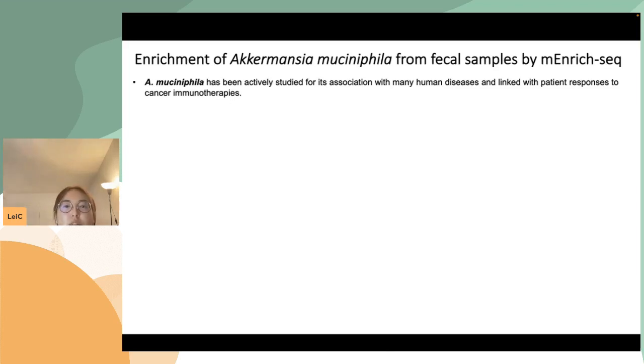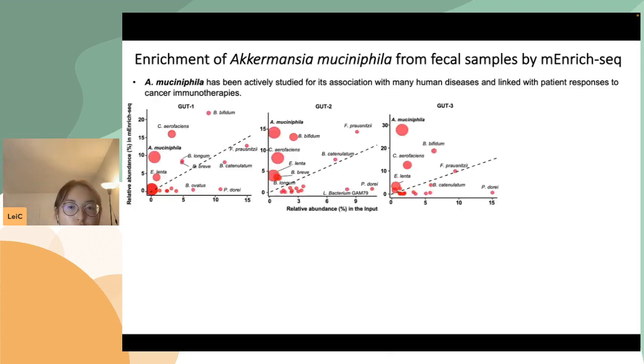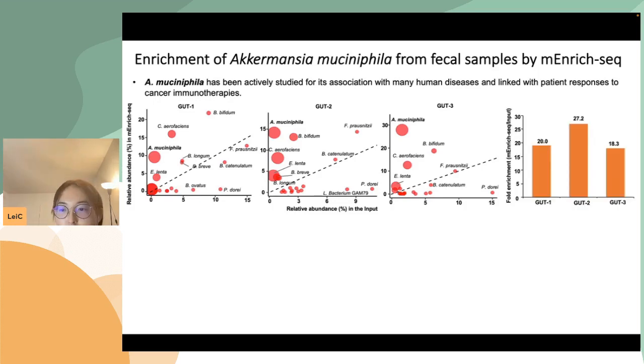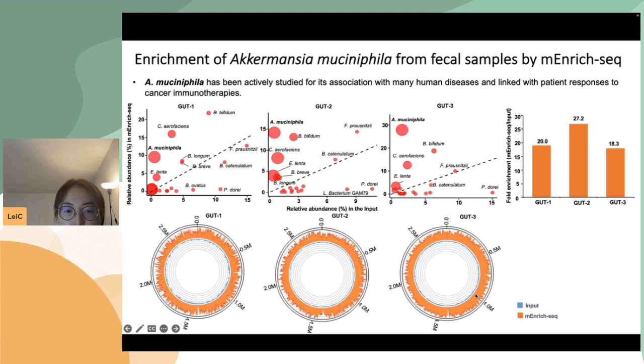And this bacteria is still relatively hard to culture. With mEnrich-seq, we can reach a very great fold enrichment for Akkermansia together with some other interesting bacteria. And similarly, the reads from mEnrich-seq cover the genome of Akkermansia without systematic bias as well.